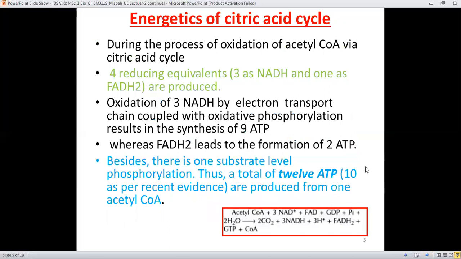Here are the energetics of the citric acid cycle, that is, how many ATPs are generated as a result of the citric acid cycle.